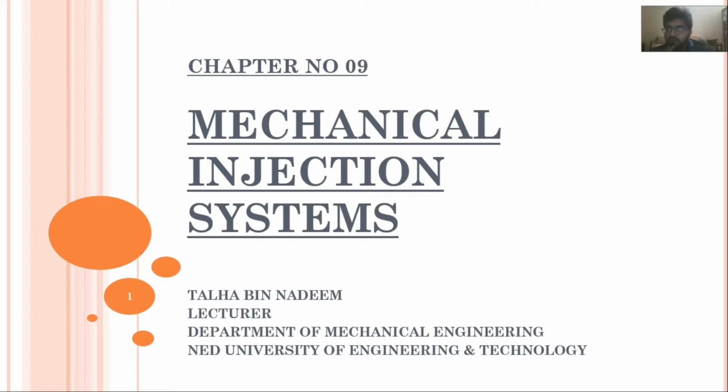Now the main difference between SI engine and CI engine is that in a spark ignition engine, the preparation of the air fuel mixture is achieved by using a carburetor, which we studied in the previous lectures.